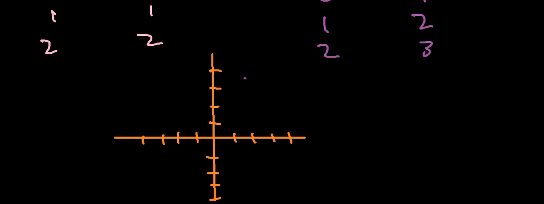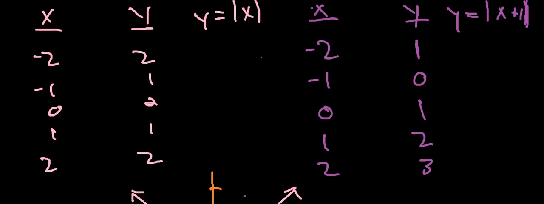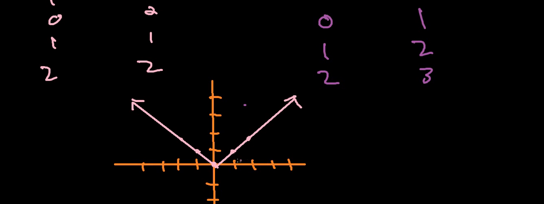So let's put the original one on again. So this is y is equal to the absolute value of x. And now let's start plotting the points for y is equal to the absolute value of x plus 1. So we have minus 2, 1.